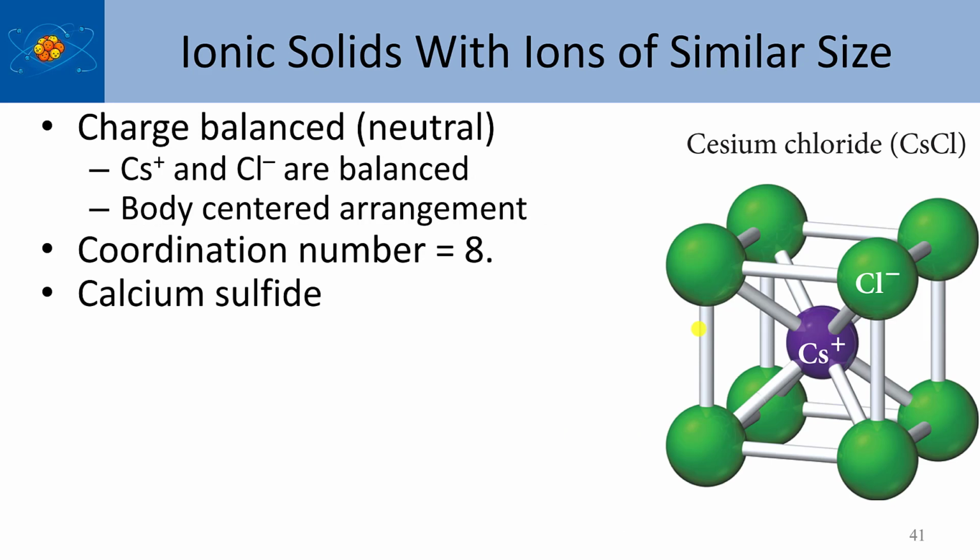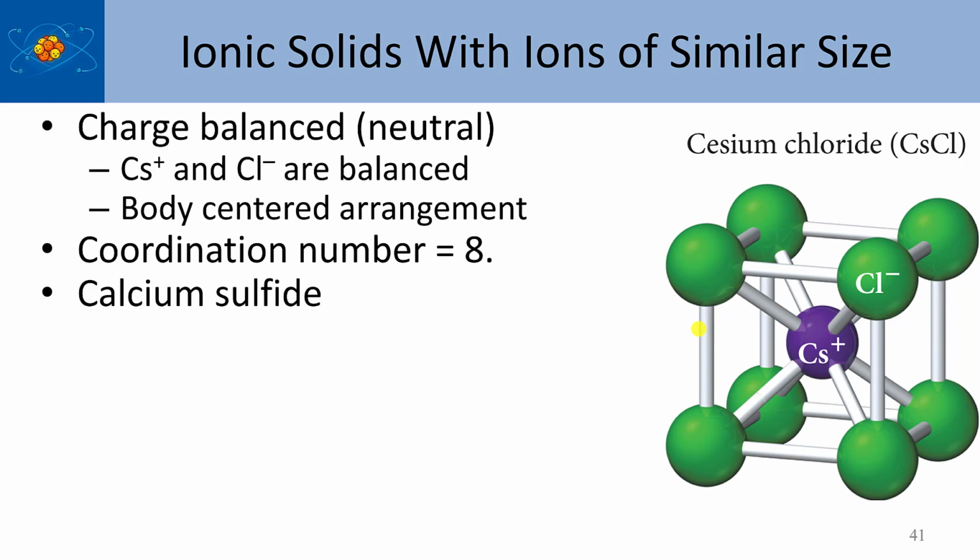So what we're going to do first is, let me say it like this. The way we sort of break down the ionic solids is first we just think about ionic solids where the charges are the same. For example, cesium's a group 1 metal and chloride is a halogen, so they're +1, -1. So that makes it easy to do the charge balance.